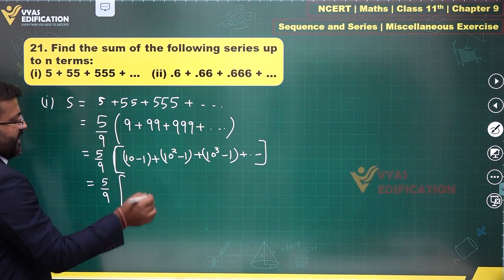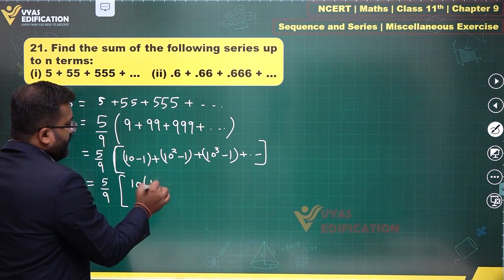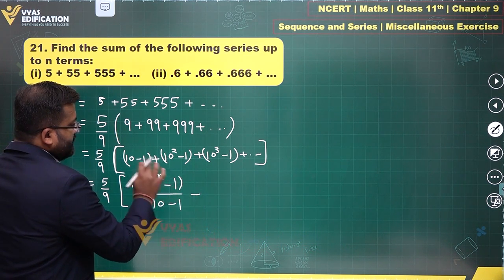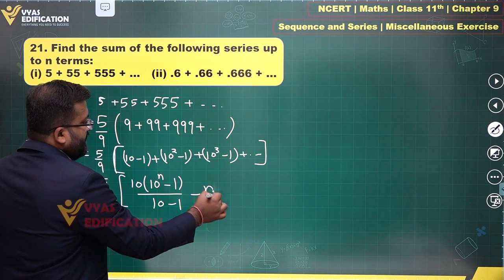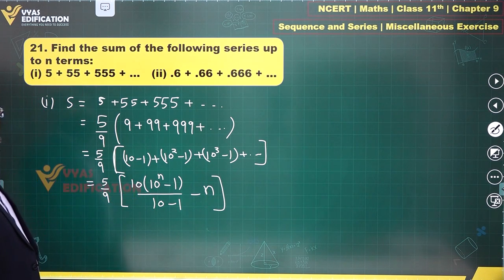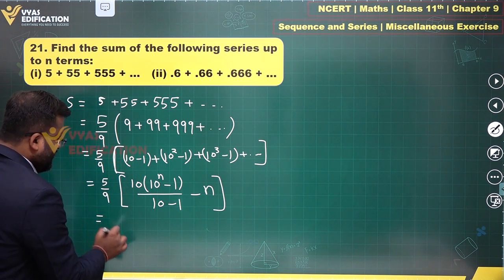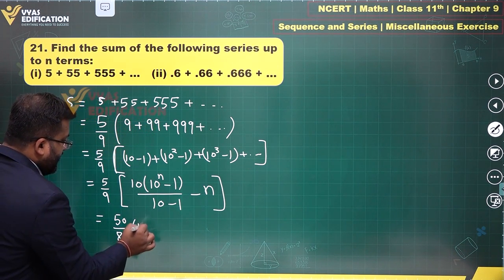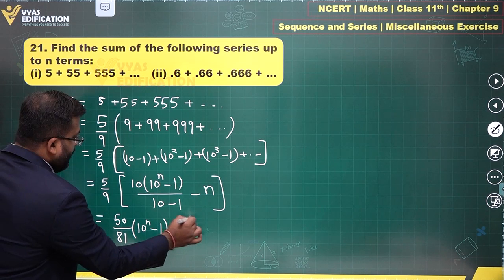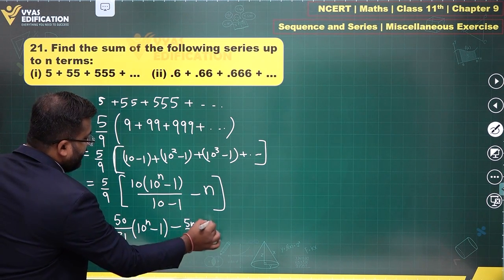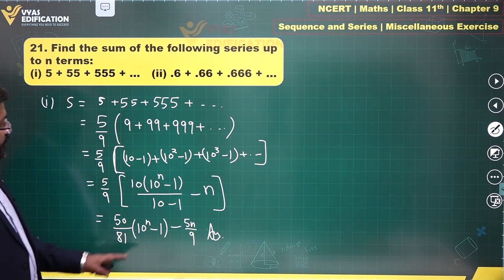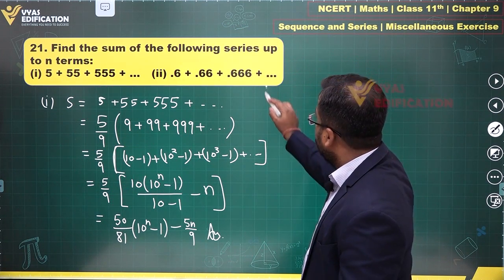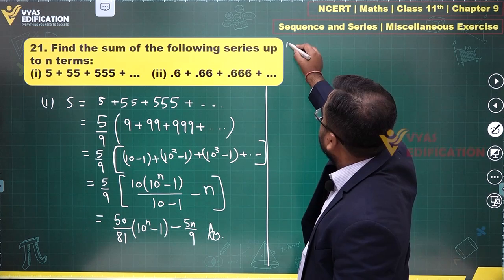The sum will be a geometric progression having first term 10, common ratio 10, so 10 times (10 power n minus 1) upon 10 minus 1, and minus 1 minus 1 minus 1, that is minus n, times this, right? n terms. And this becomes 50 upon 9 times 9, that is 81, times (10 power n minus 1) minus 5n by 9. That's my required answer for this first part, as you can see over here. Is that okay? Yes. What about the second part?